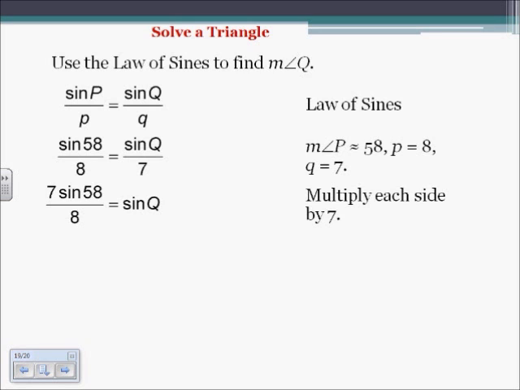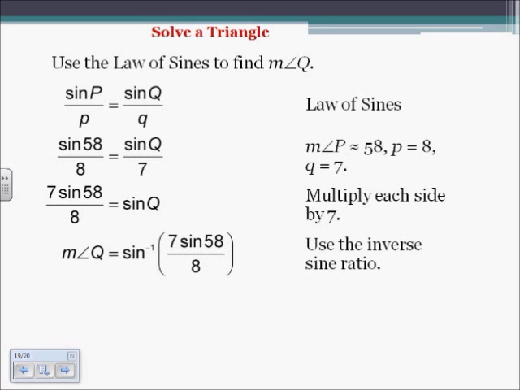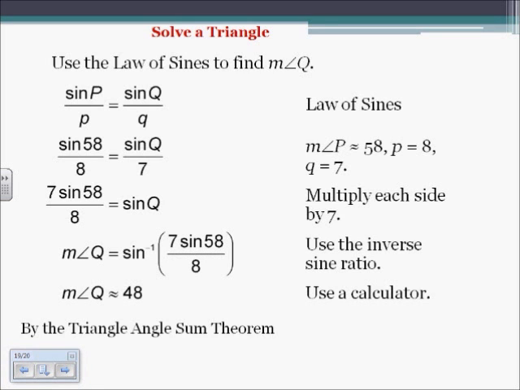Okay, and use the sine inverse to figure out the angle for Q, which is approximately 48, and by the triangle sum theorem, which means that all the angles add up to 180 degrees, we can take the other angles, subtract them from 180, and that gives us the third angle, R, which is approximately 74.